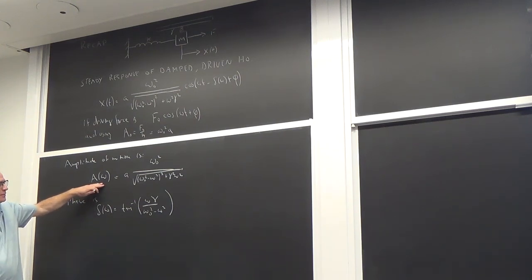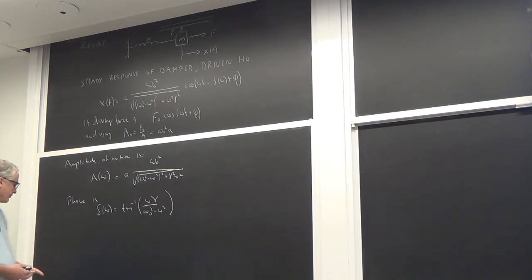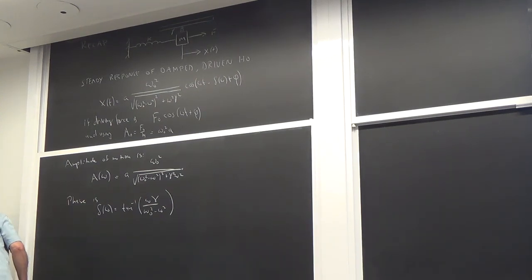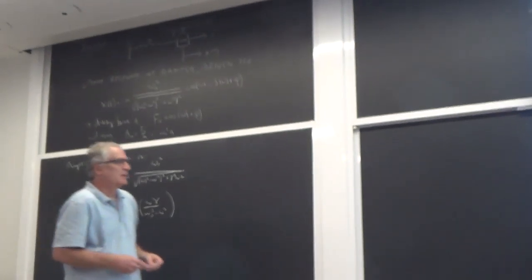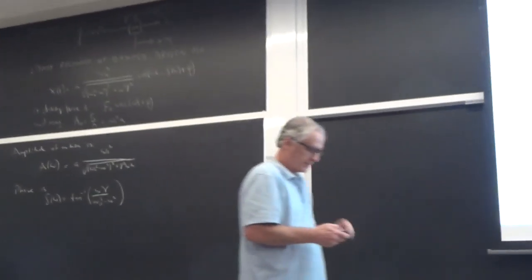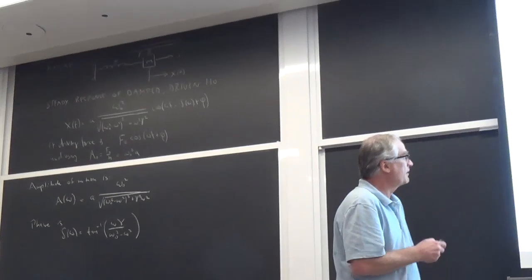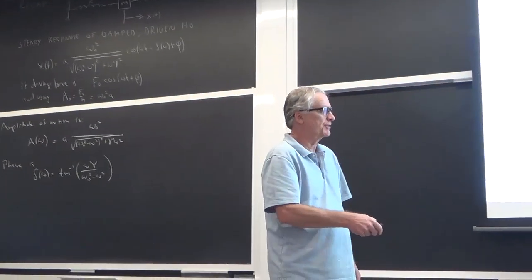This amplitude, I drew a sketch last time, but I will make a better graph of it here, for three different cases. So it's a graph of the amplitude as a function of the frequency.